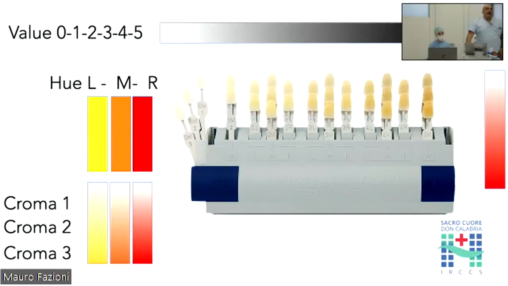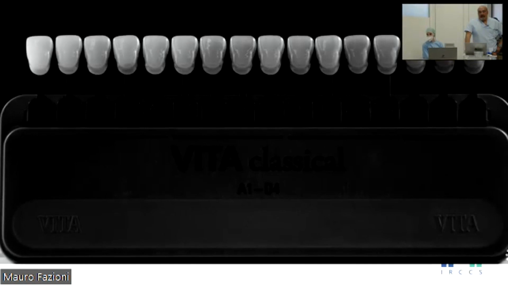Hue is the color, yellow, orange, and red. And the chroma is how red this red is, okay? And this is important to match. Remember that choosing value and chroma give us more than 70% of possibility to record the right color, okay?